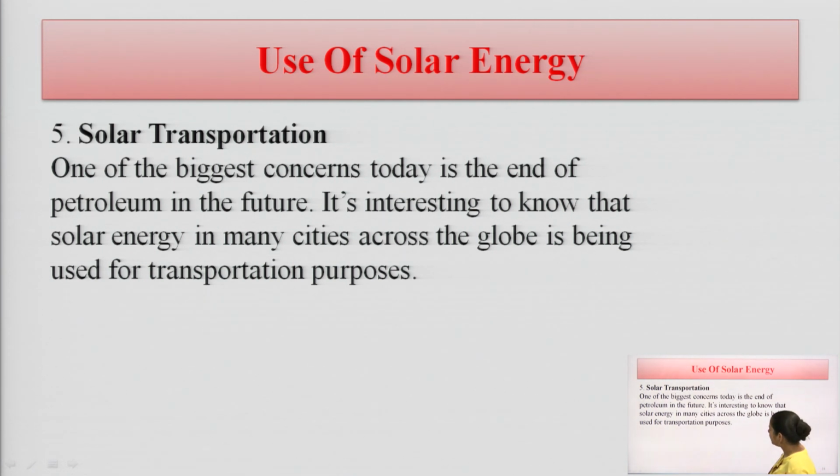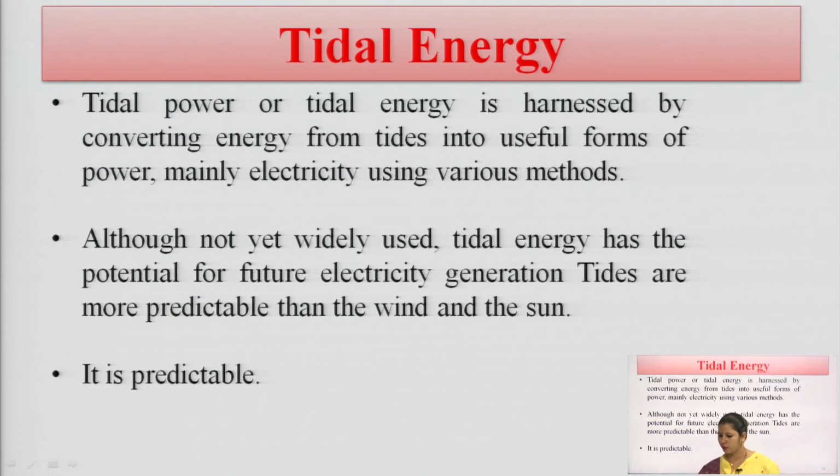So, it is very interesting to know that solar energy in many cities across the globe is being used for transportation purposes. So, we have to have a key observation on how we are going to use that solar energy in different forms.